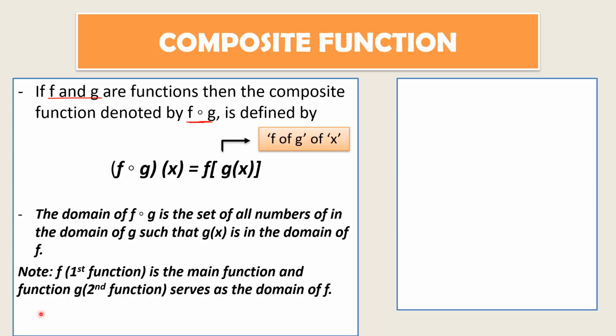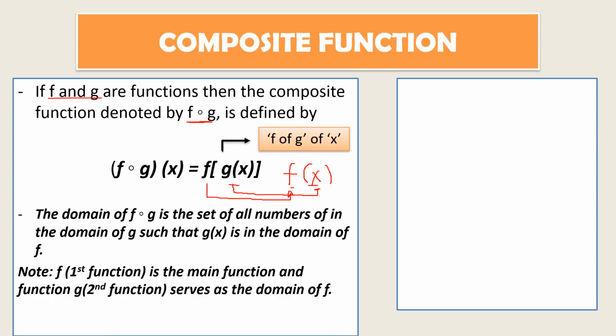Ito, nanggaling ito dito sa mismong definition na function notation, di ba? Ang function notation, meron siyang f of x, wherein basically, the function f is the same as the function f here, while the domain x here is the second function.